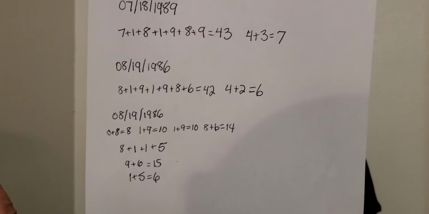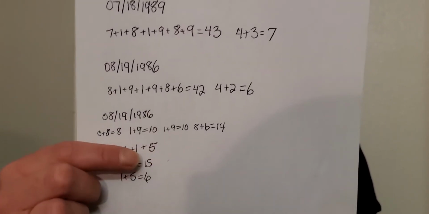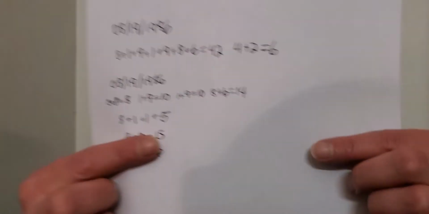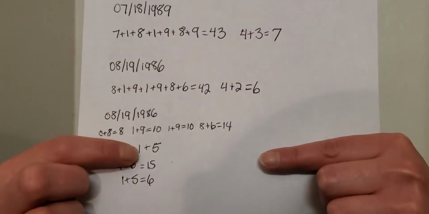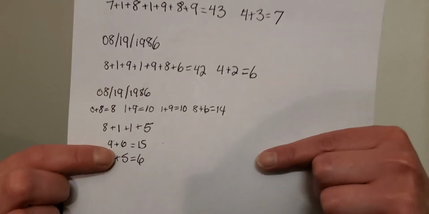You drop the zeros pretty much all the way across the board to get the lowest number here. But anyways, it equals 8 plus 1 plus 1 plus 5. So this 14 is 1 plus 5. That's how I got that 5 there. I skipped a step, sorry guys.